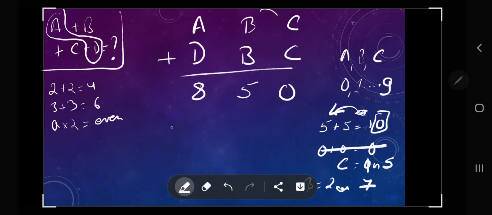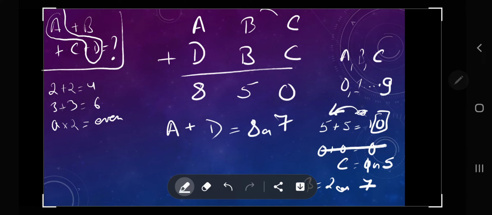We know that A plus D is going to give you 8, or 8 minus 7 if B is 7.